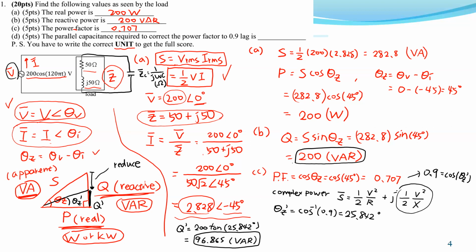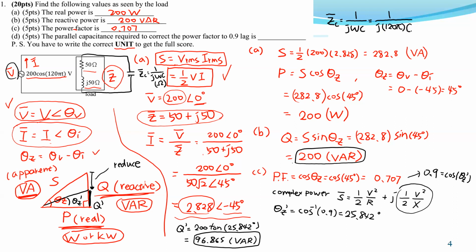The reduction is fully contributed by the capacitor. Let me write it here. ZC equals 1 over J omega C. Omega is 120 pi.